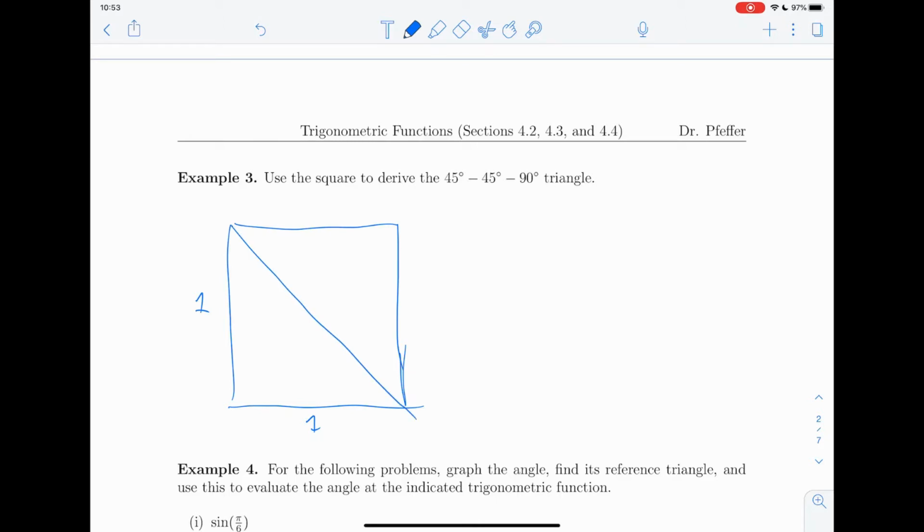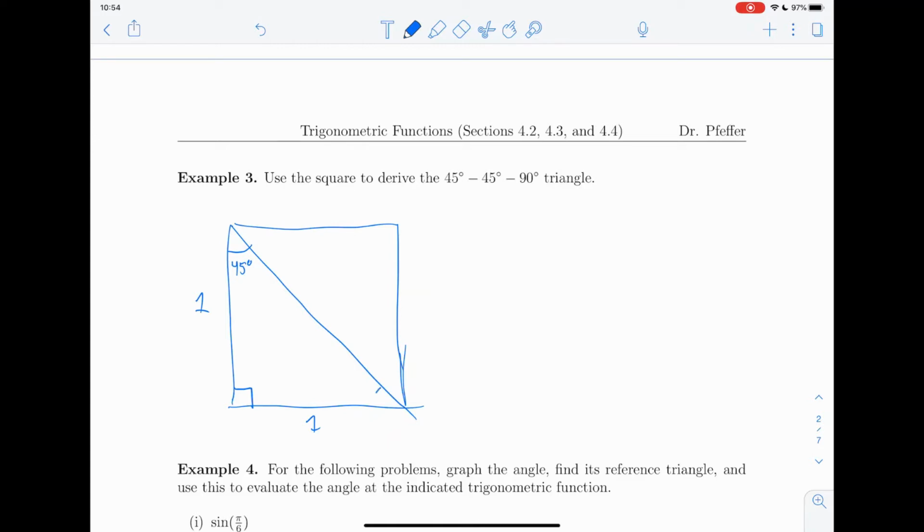What we'll find is that, of course, it's a square, so all of its interior angles are 90 degrees. But now, this 90-degree angle that we had all the way up here, as well as the one we had down here, just got cut in half by this diagonal. So this interior angle is going to be half of 90, which is 45.